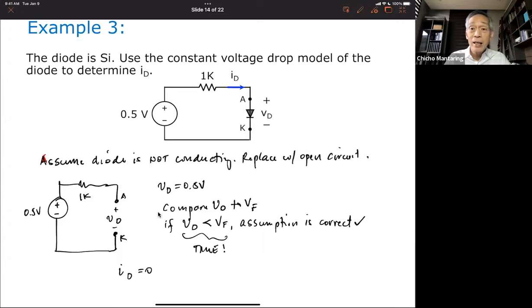If it is less than your forward voltage, and that forward voltage will be 0 if it's an ideal diode model, then your assumption is correct. If it is greater than the forward voltage, then your assumption is wrong. So you have to use the appropriate model. Any questions?